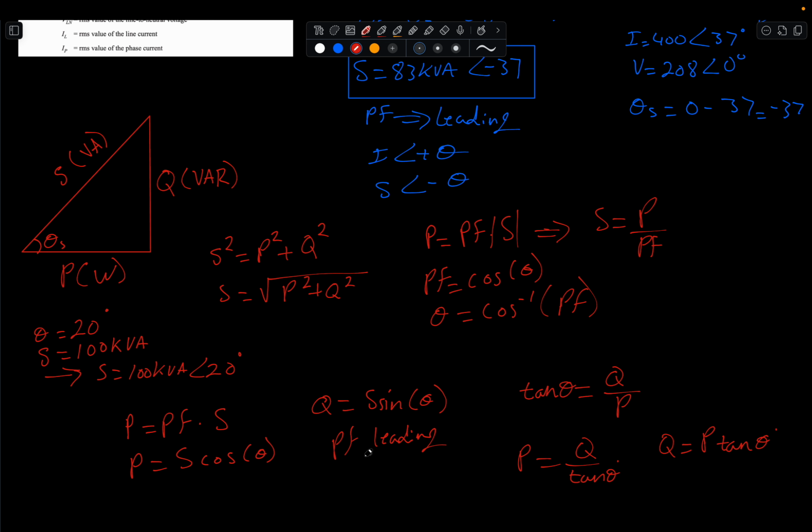And given that the voltage angle is always referenced at 0, you have to be mindful that if this power factor is leading, then your complex current is going to be positive theta, but for your S, it's going to be negative theta. And the reason for that is theta S equals theta voltage minus theta I. Be careful.